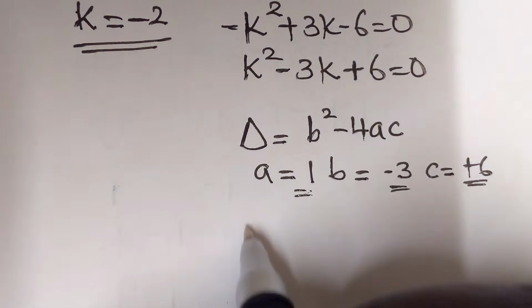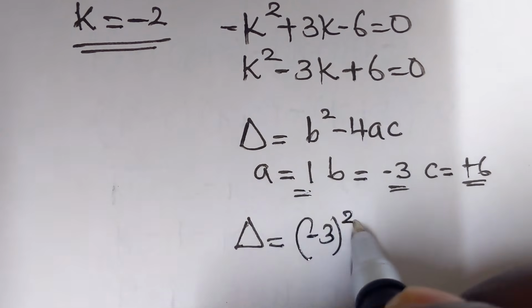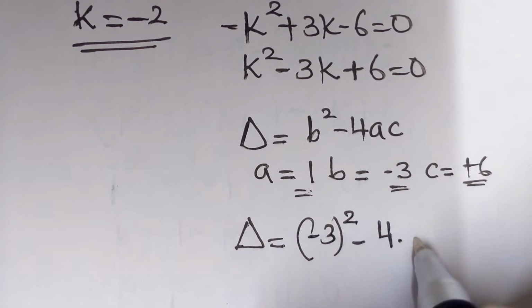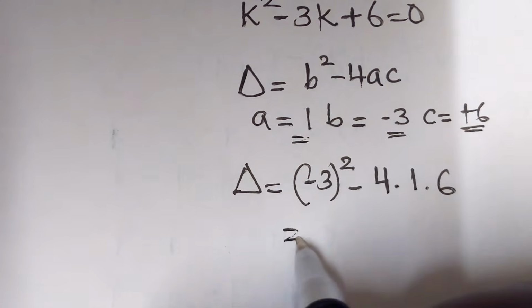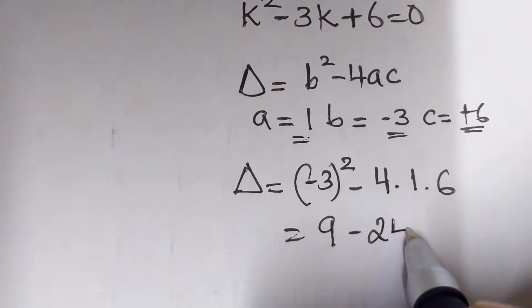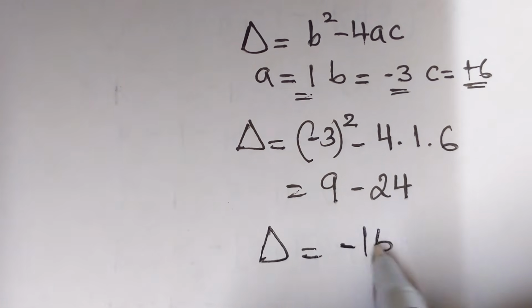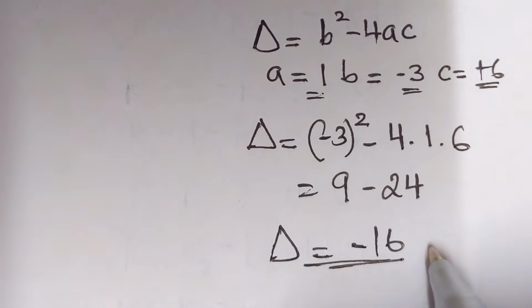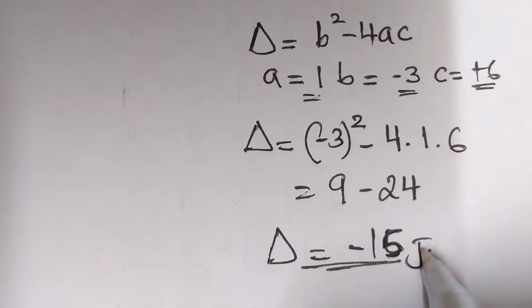Delta will be negative 3 squared minus 4 times 1 times 6, and this will be 9 minus 24. Our delta will be negative 15, so that here shall be rejected.